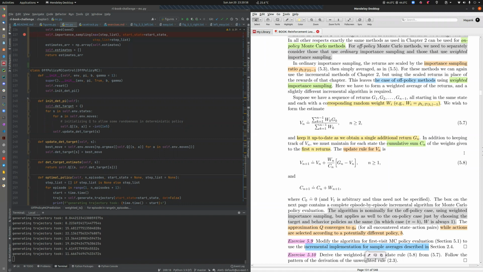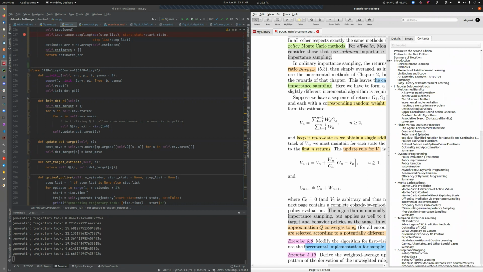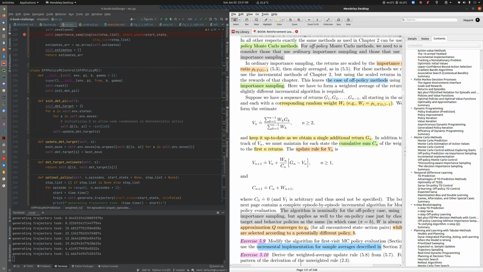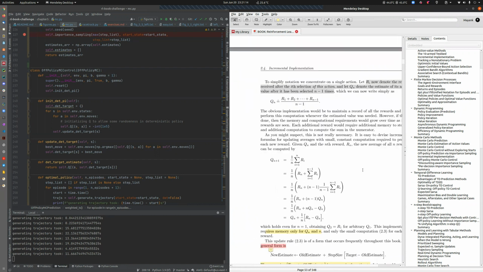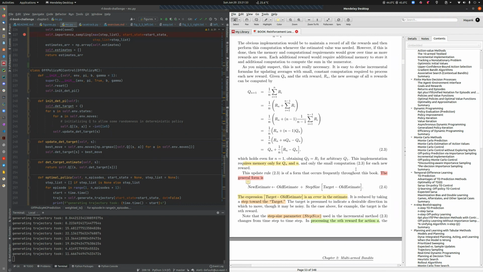So we go back to section 2.4. Here, this was the formulation of the new estimate: the new estimate is the old estimate plus the step size times the target minus the old estimate, which reduces the variance. That is the error in the estimate, and we take a step.